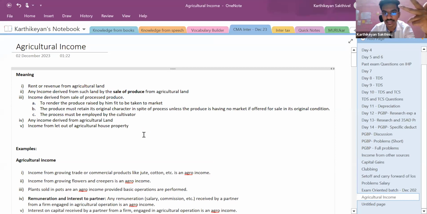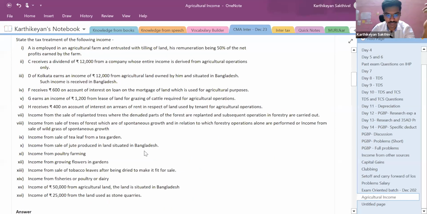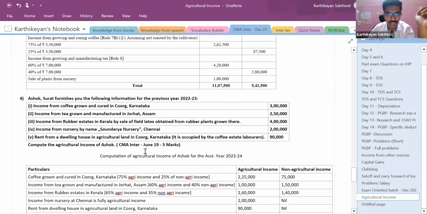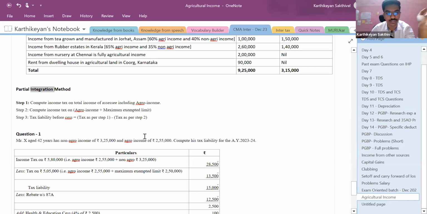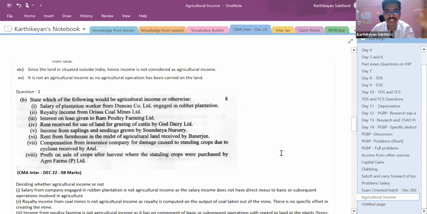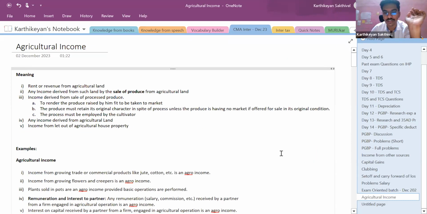And the third area is the partial exemption method, or to stick to the book, the partial integration method. So totally there are three areas and it does not involve many concepts. We'll just discuss and solve the problems in that relation, right?